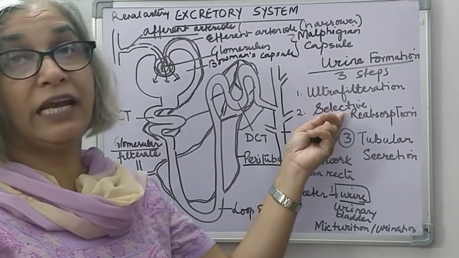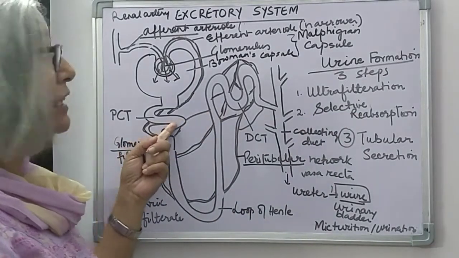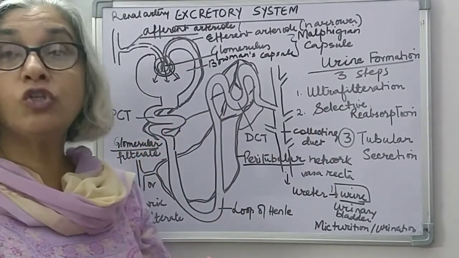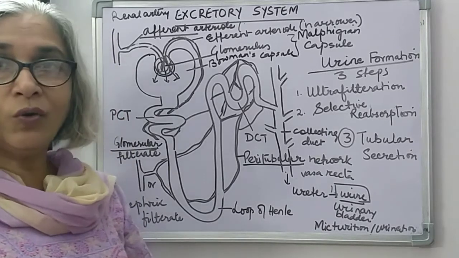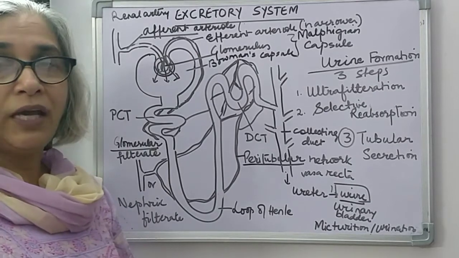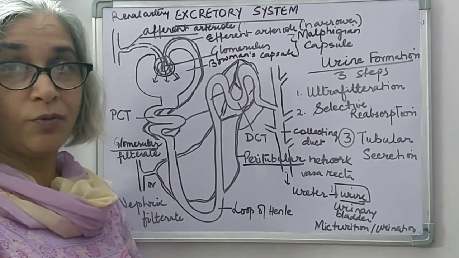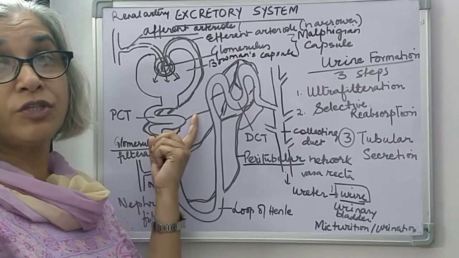and since the useful substances are selectively reabsorbed, it is called selective reabsorption. So first, in the PCT region, most of the water, all amino acids, all glucose, some inorganic salts of sodium, potassium and calcium will be reabsorbed in the PCT or the proximal convoluted tubule.